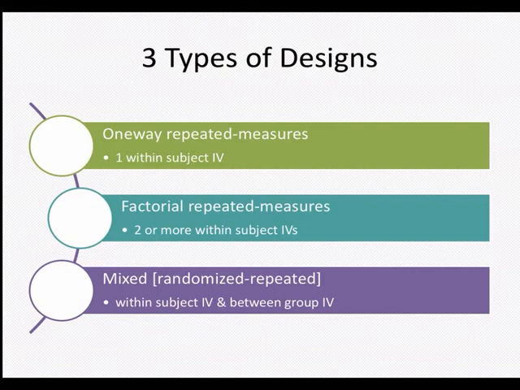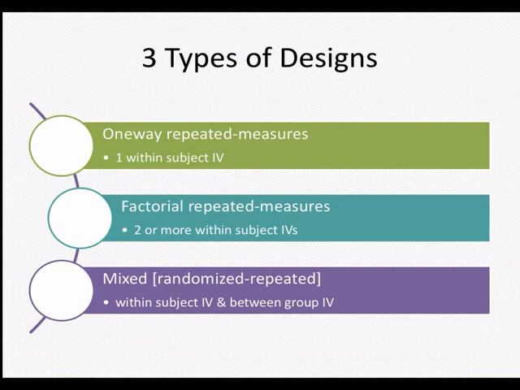But before we move there, I'm going to talk about 3 designs that we're going to discuss or introduce under this repeated measure unit. One is a one-way repeated measure design, which is like marital satisfaction over time. And a factorial repeated measure design is that we have more than one IV, and all the IVs are measured over time.